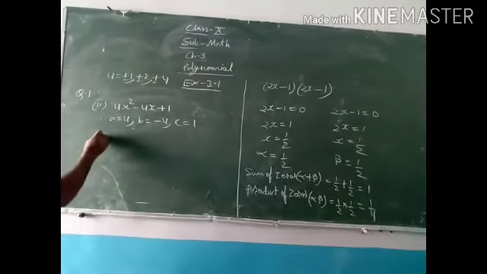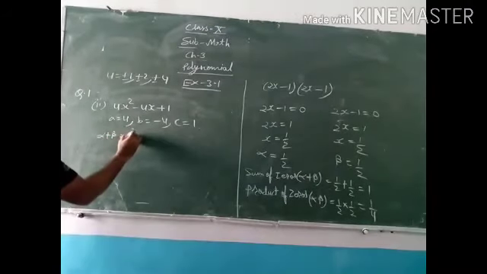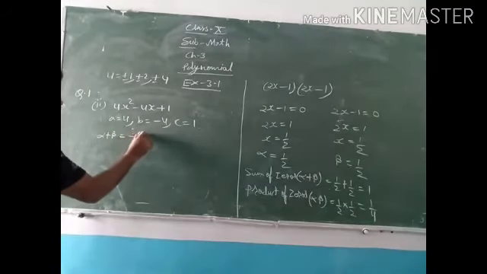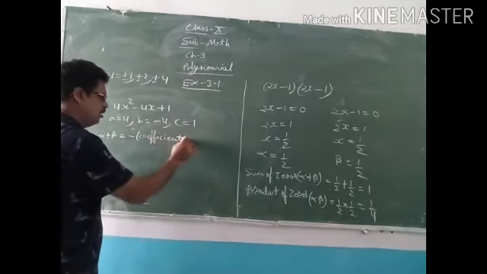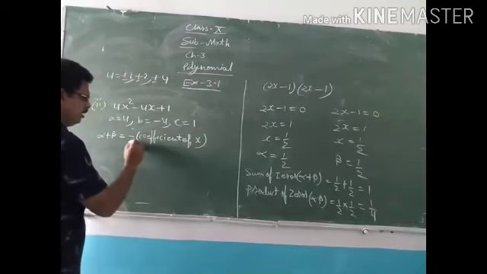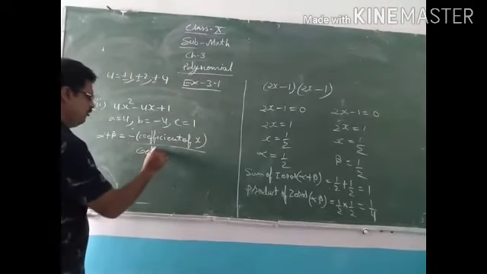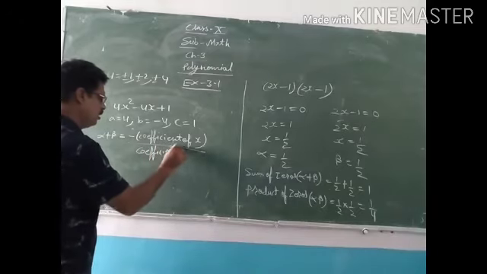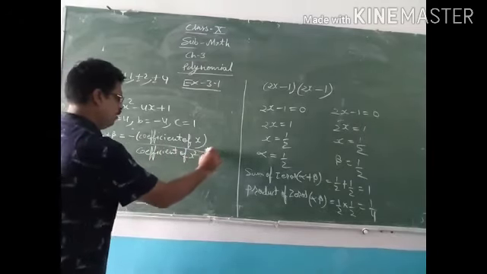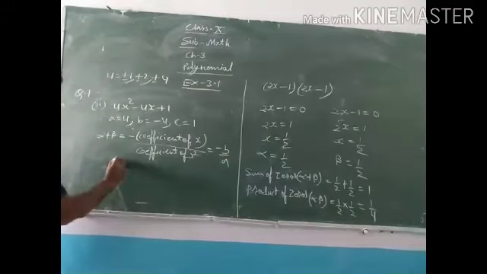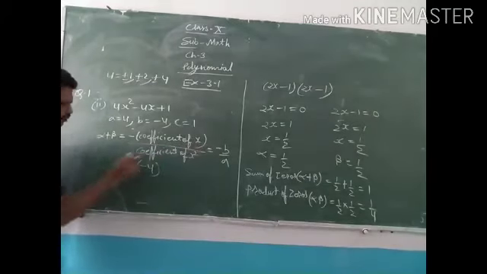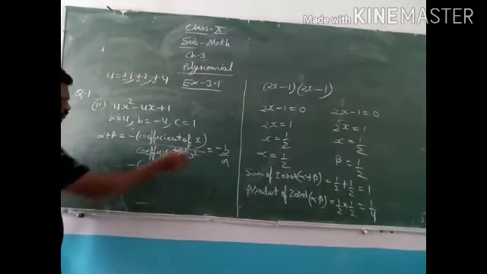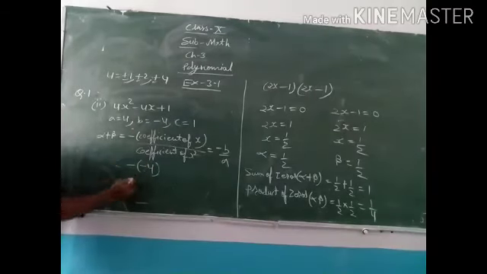Now alpha plus beta equals what? Minus coefficient of x upon coefficient of x square, means minus b upon a. So minus b value is -4, look at here, we put this minus here, and inside the b value is -4, upon a, it means 4.